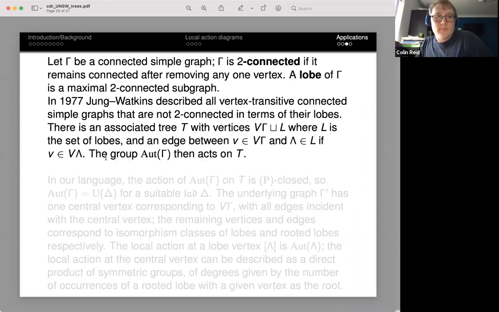Okay, and just for a final example, of an application in graph theory. So if you have a connected simple graph, gamma, we say it's two connected if it remains connected after removing any one vertex. And then a lobe of the graph is a maximal two connected subgraph.